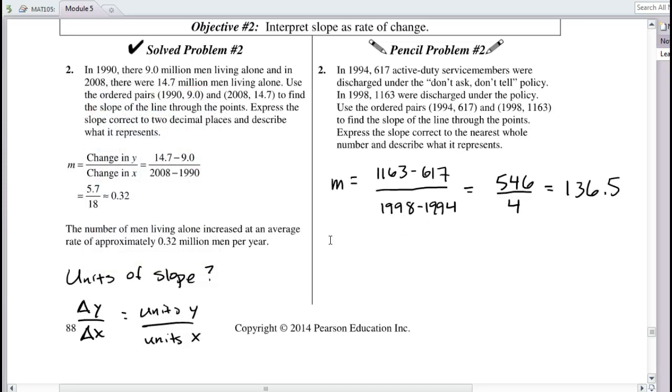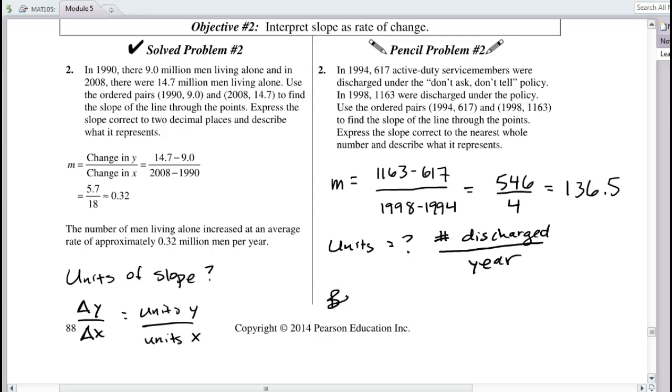Okay, so let's ask what are the units. Well, the y value units are the number of people discharged, and the x value units are years. So it should be number discharged per year. So what this is telling us is the average rate of change.